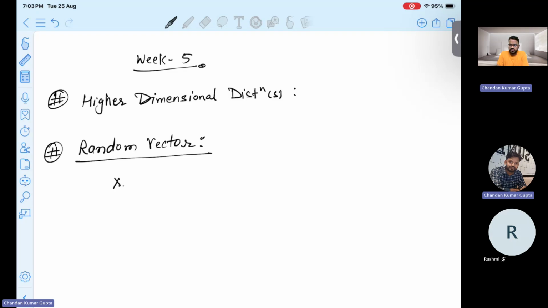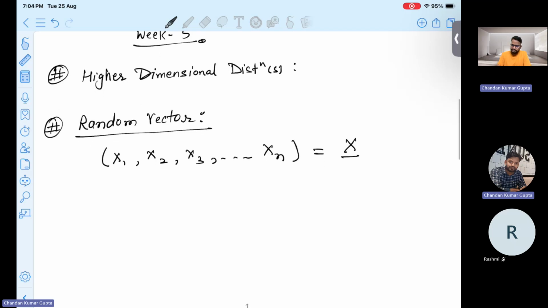So suppose we have random variables X1, X2, X3, and so on up to Xn. This X is called a random vector which contains n random variables. In higher dimensional distributions, we will use random vectors instead of random variables. Now, the first thing we will define is the joint cumulative distribution function.